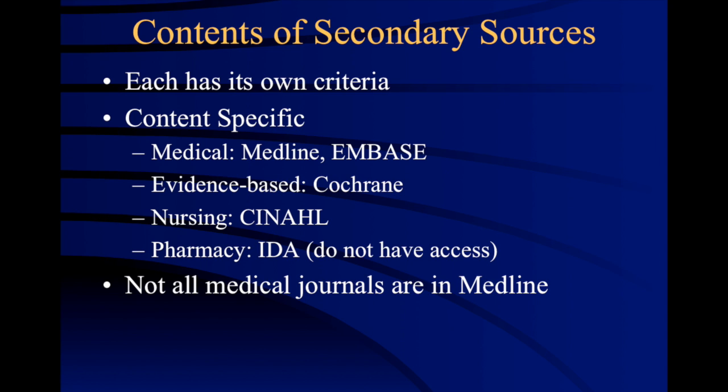The contents of the secondary sources each has its own criteria for what types of articles they will accept. For example, for medical literature, you can use Medline or Embase. For evidence-based literature, you can use Cochrane. For nursing literature, you can use CINAHL, which the library does have a subscription to.